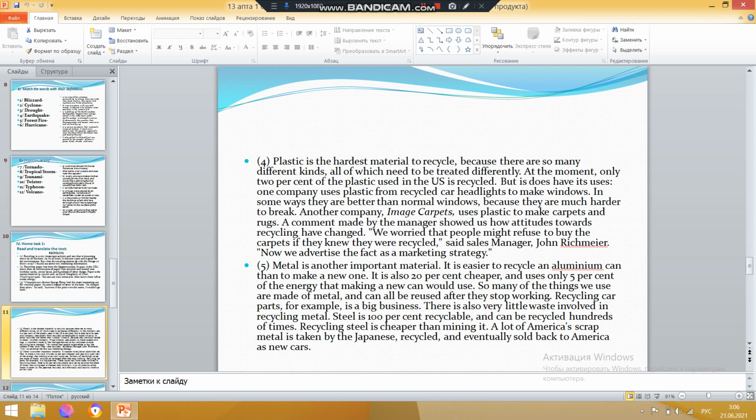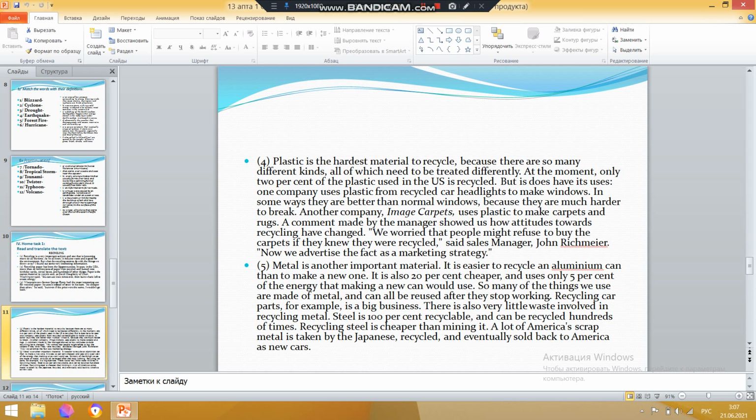Another company, Image Carpets, uses plastic to make carpets and rugs. A comment made by the manager shows how attitudes towards recycling have changed. We worried that people might refuse to buy the carpets if they knew they were recycled, said the manager, John Richmere. Now we advertise the fact as part of our marketing strategy.